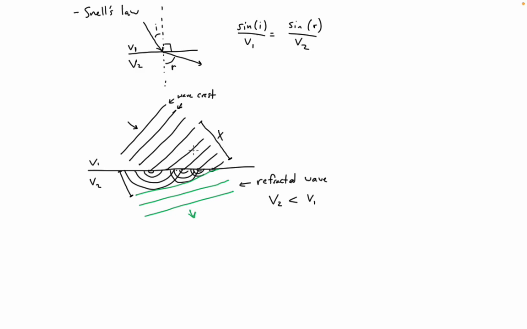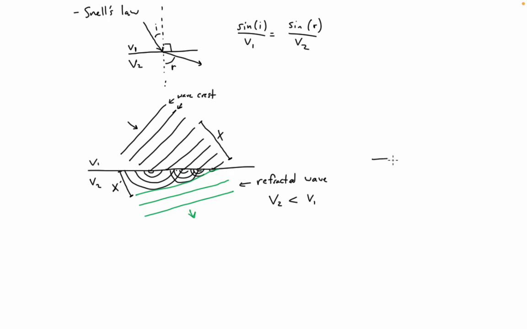We could just call it x. Once that same wave started to go into this material, it only traveled this far. So just looking at it graphically, you can see the velocity is slower in this material, and you could imagine how these would be bent if this was the opposite case.